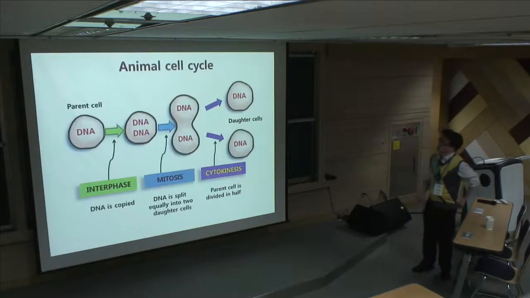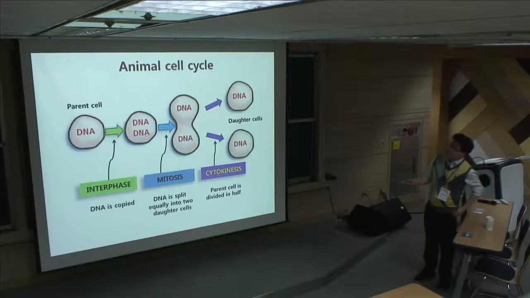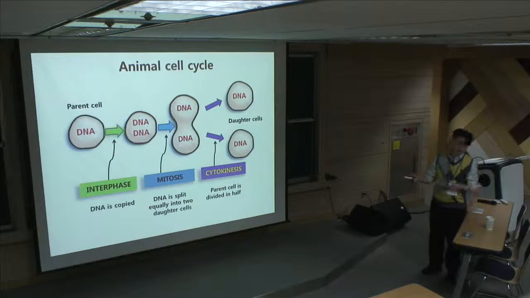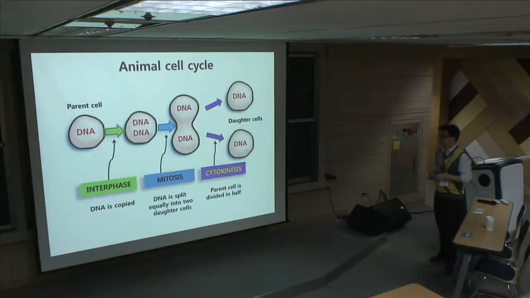In the animal cell cycle, the parent cell duplicates the DNA, then grows to about twice the original size, and then generates two daughter cells. I want to simulate this.